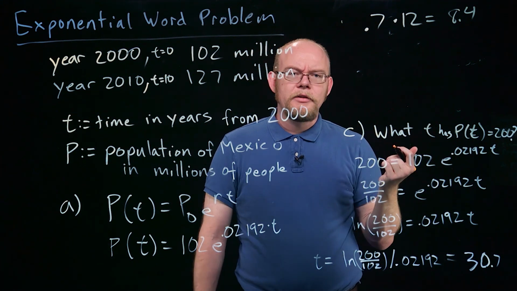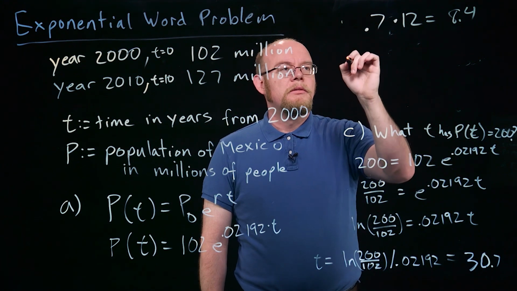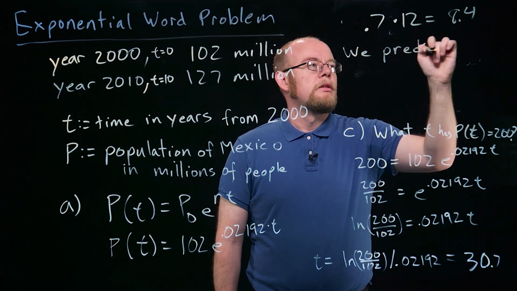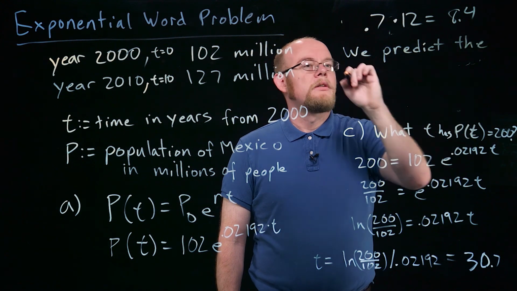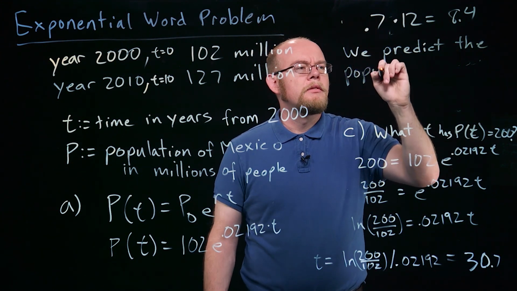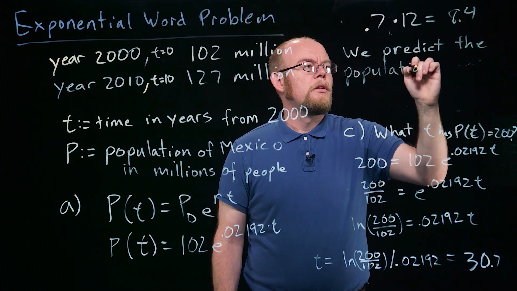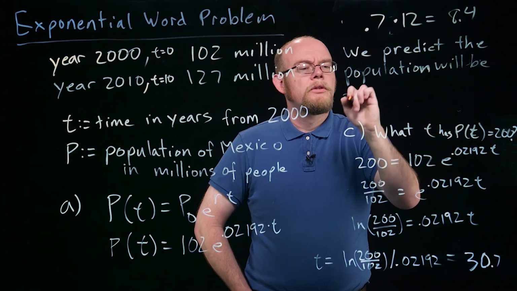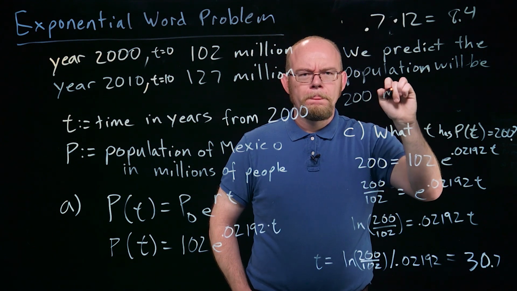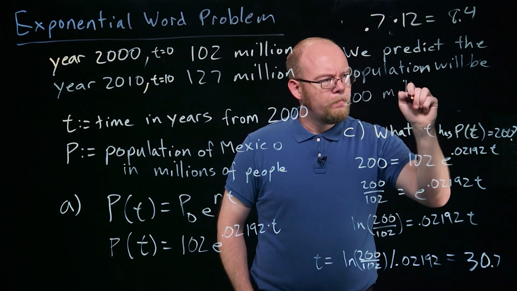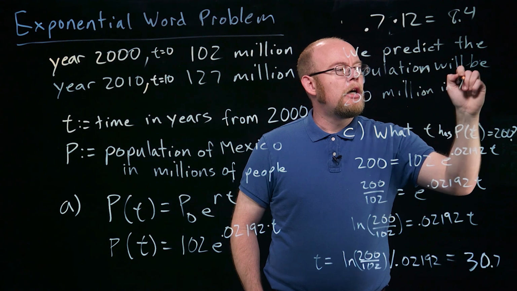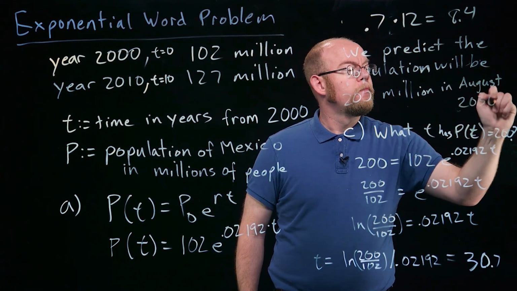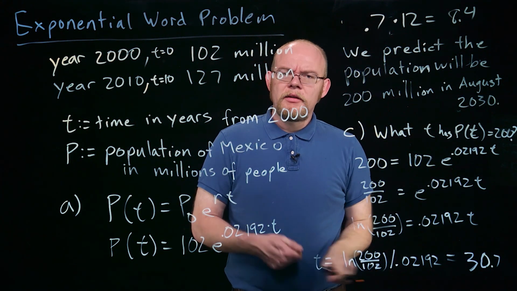So then if we were to actually say when this will happen, we predict the population will be 200 million in August 2030. And so that completes the problem.